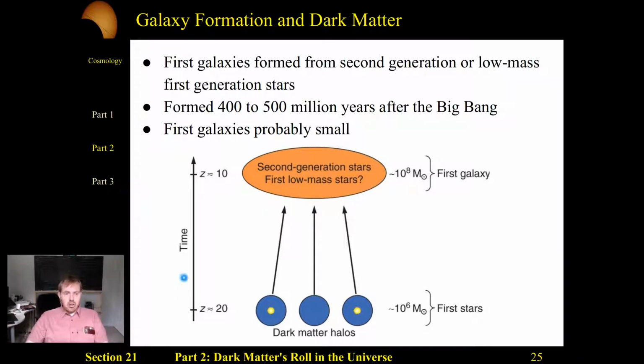All right, so what we're looking at up here is basically time and scale. First you get your dark matter halos. Remember, the dark matter halos just form right after the Big Bang. Remember, there are these clumps of dark matter and luminous matter here. And we look at the first generation stars, and they would have had about a million solar masses total spread throughout the galaxy, throughout the dark matter halo.